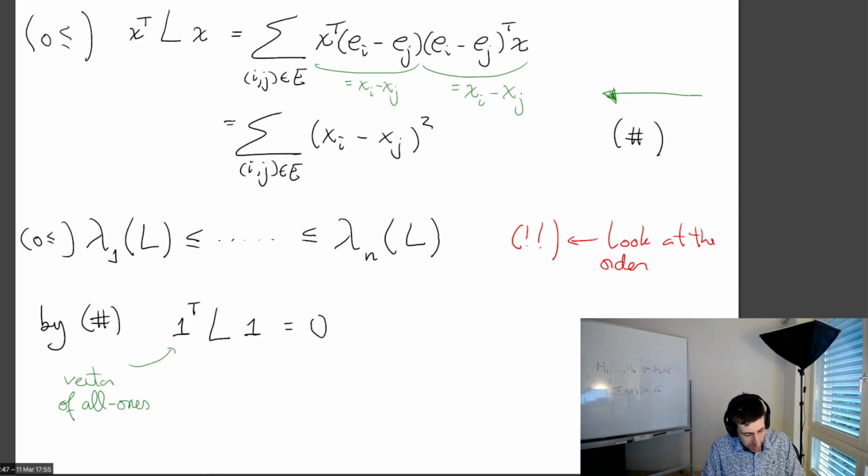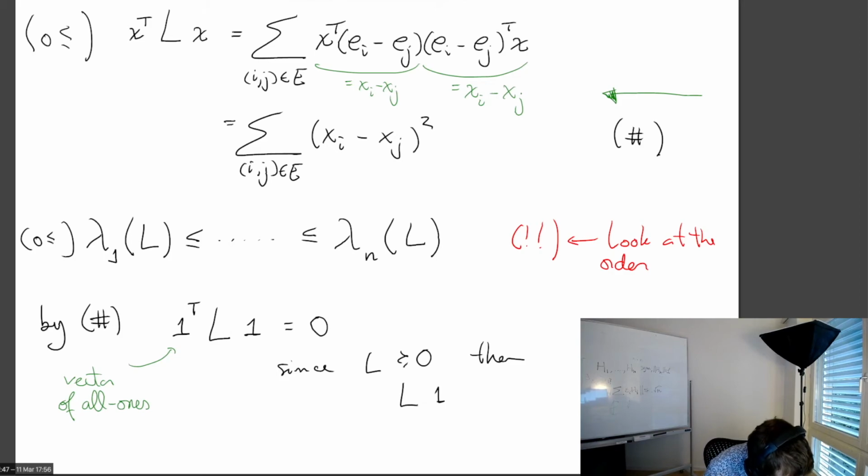So this is just 0. Since L is positive semi-definite, it must be that 1 is in the kernel. So then L1 is actually 0.